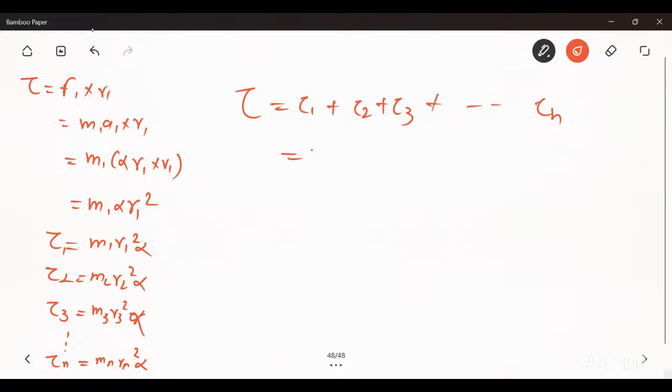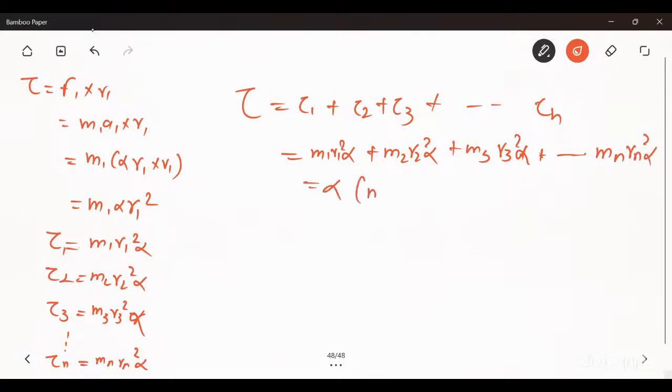Now take alpha common, and you will get M1 R1 square plus M2 R2 square plus M3 R3 square plus Mn Rn square.